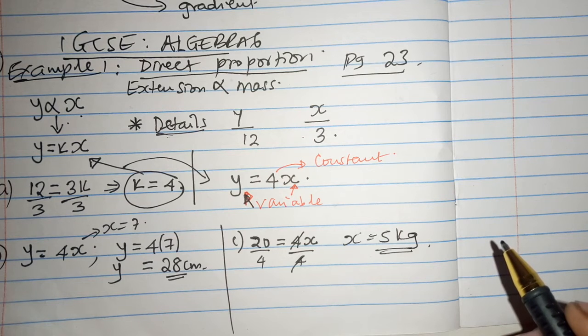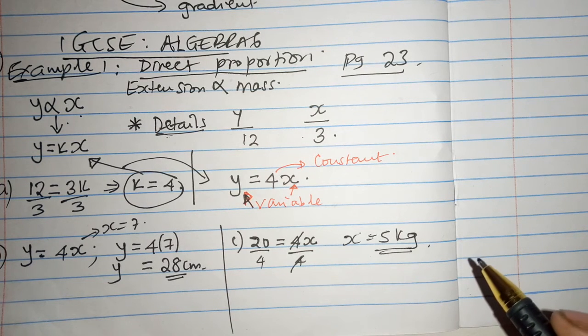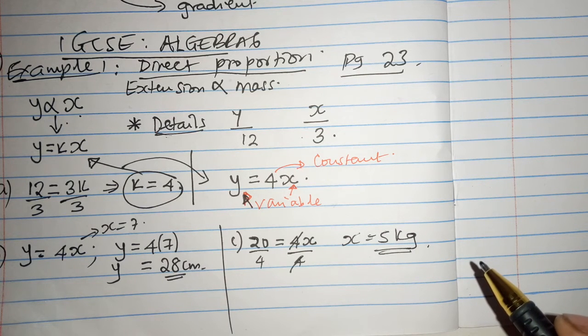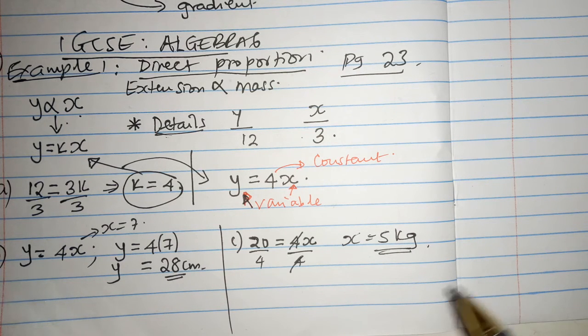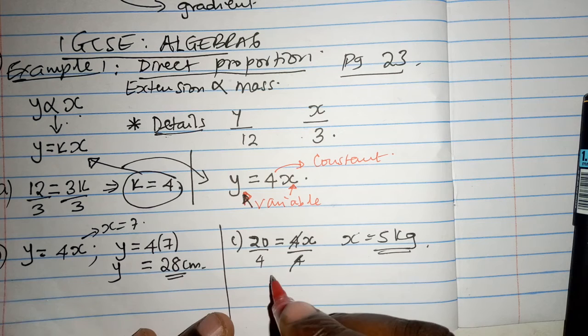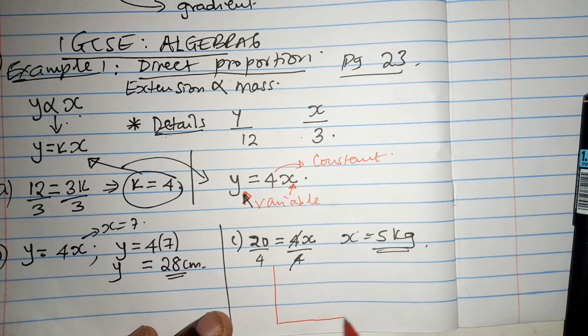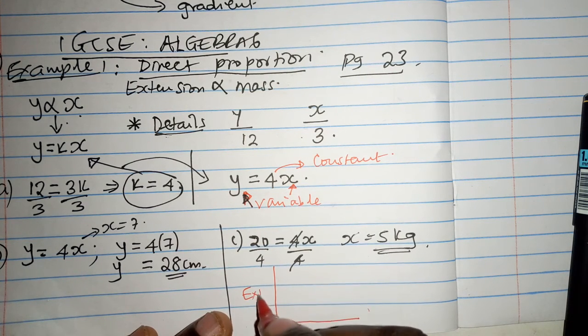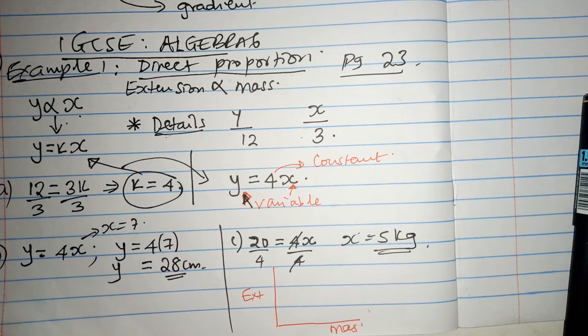So if the mass is in kg, we are saying that a mass of 5 kg produces a 20 centimeter extension. If you want to present this graphically, you may have extension and the mass. When we have mass 0, extension is 0.